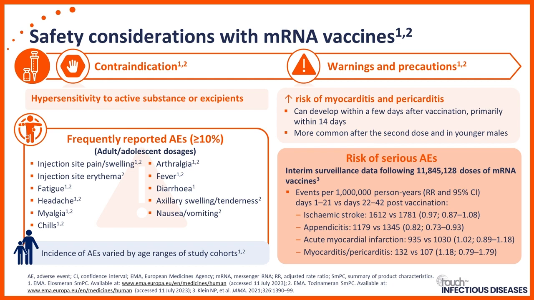There are adverse events like ischemic stroke or appendicitis or acute myocardial infarction or that myocarditis, pericarditis, and they are in the range of between 100 and 2,000 per 1 million person years. You will see stroke, appendicitis, and everything else I mentioned.